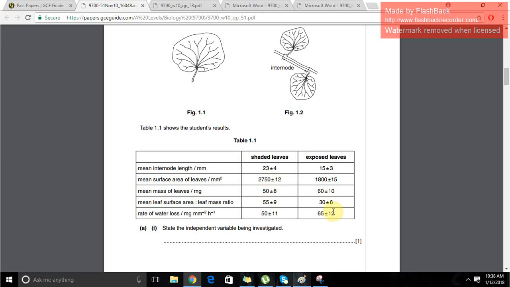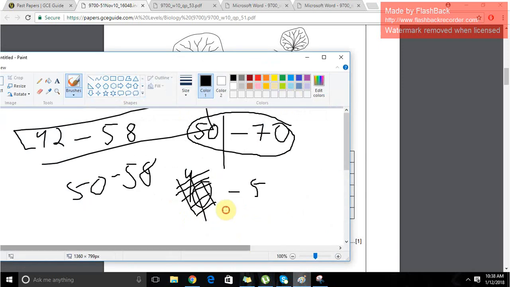Same here, you divide 1800 by 60, and you should know ratios don't have any units. And there is deviation here as well. The deviation is more significant here compared to over here. And let's talk about overlap. So 55 minus 19 is basically 46, I believe. 46 to 64. This is quite the range, isn't it?